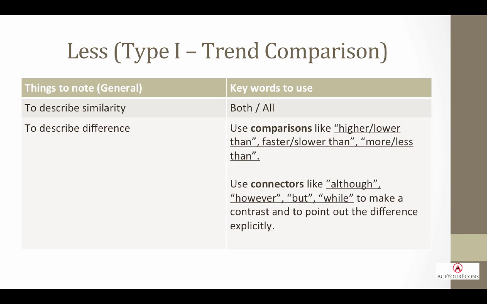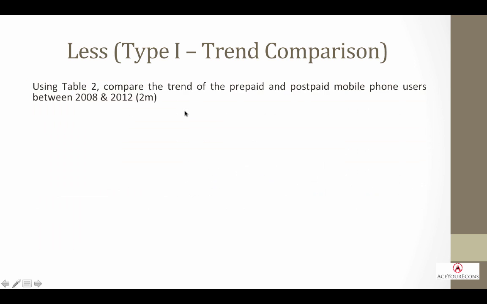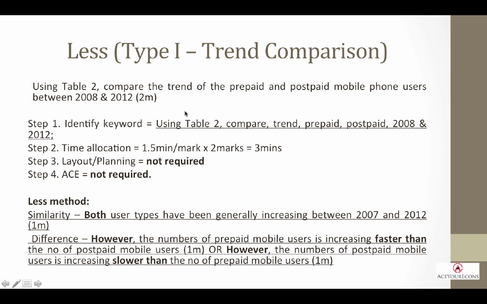So you realize that the keyword both has been achieved. Now this is the connector: however, the number of prepaid mobile users is increasing faster than the number of postpaid mobile users. Or, however, the number of postpaid mobile users is increasing slower than the number of prepaid mobile users.